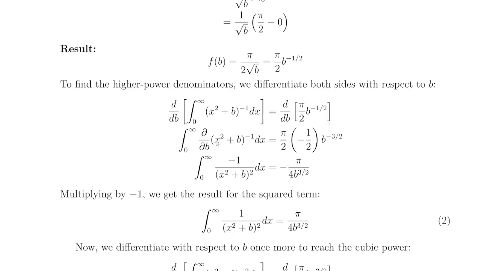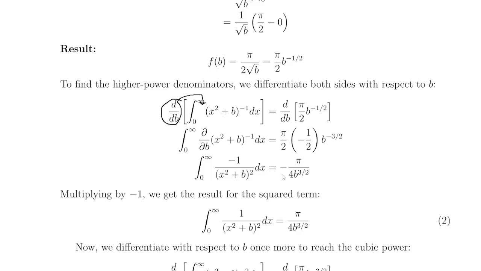Also the derivative is going to go inside the integral. So we're taking the derivative of 1 over x squared plus b with respect to b, which is negative 1 over (x squared plus b) squared. And I take the derivative on the right side, using the power rule. You get pi over 2 times negative 1/2 b to the negative 3/2 power, which is just negative pi over 4 times b to the negative 3/2.